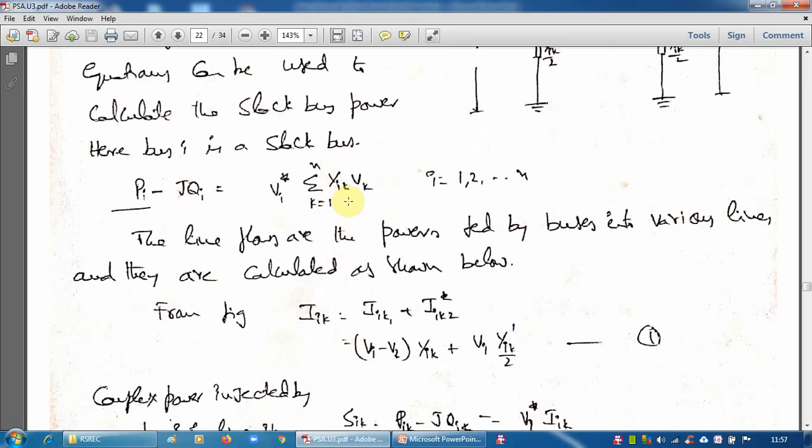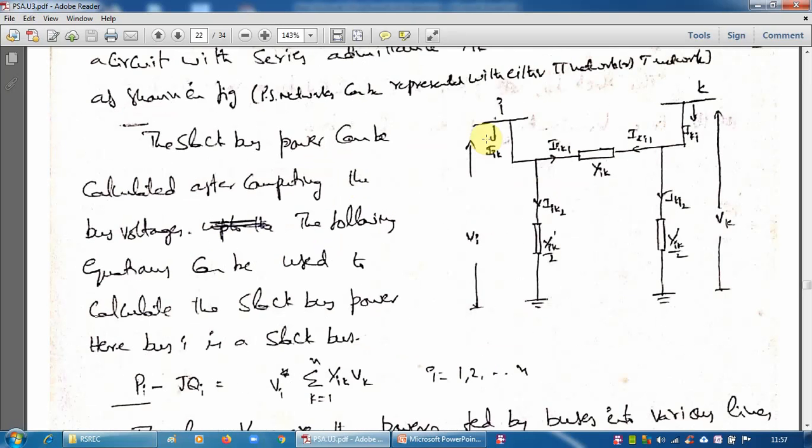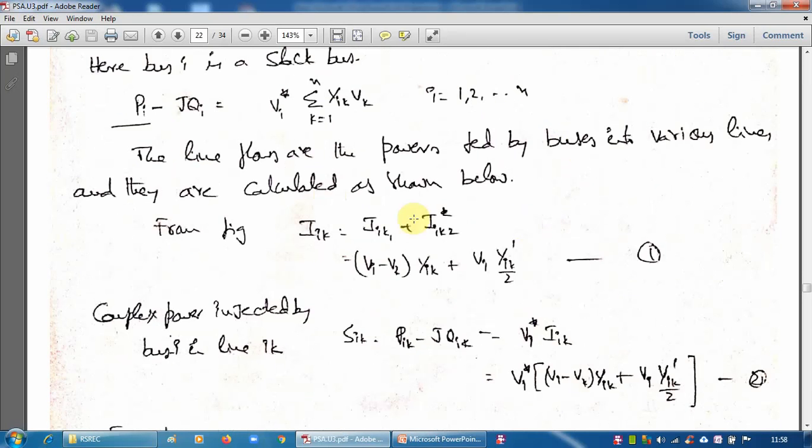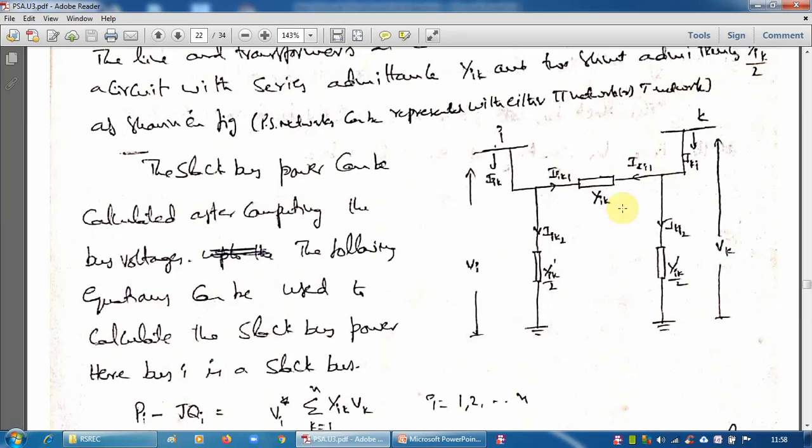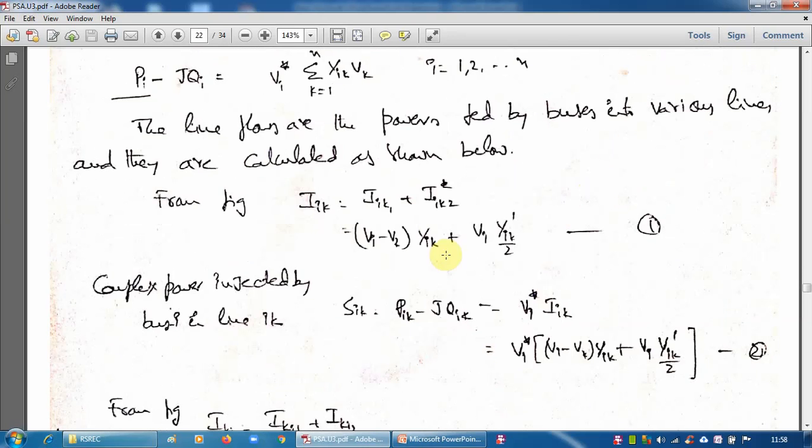You see here this II, that means bus current. Here IIK is IIK1 plus IIK2. That can also be the same, II or IIK can be written like that. Whereas this current IIK1 can be written as VI minus VK into YIK, node voltages.